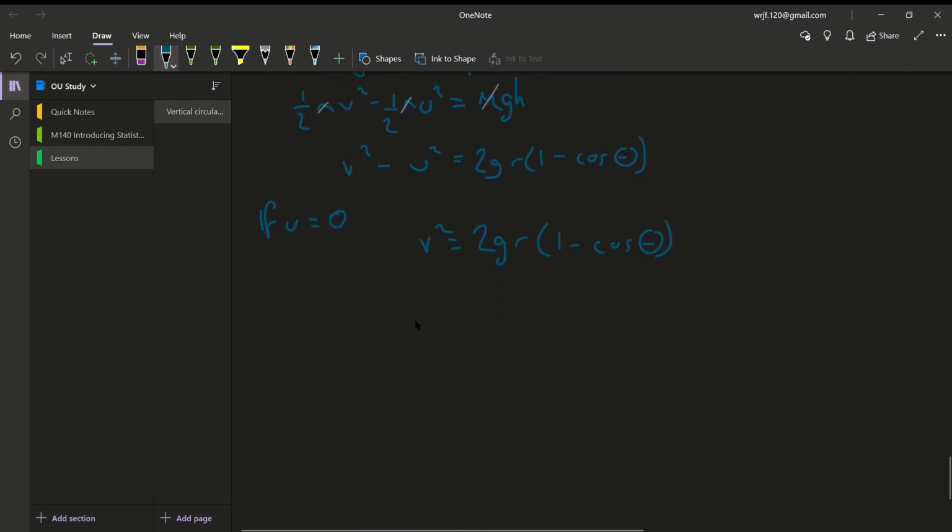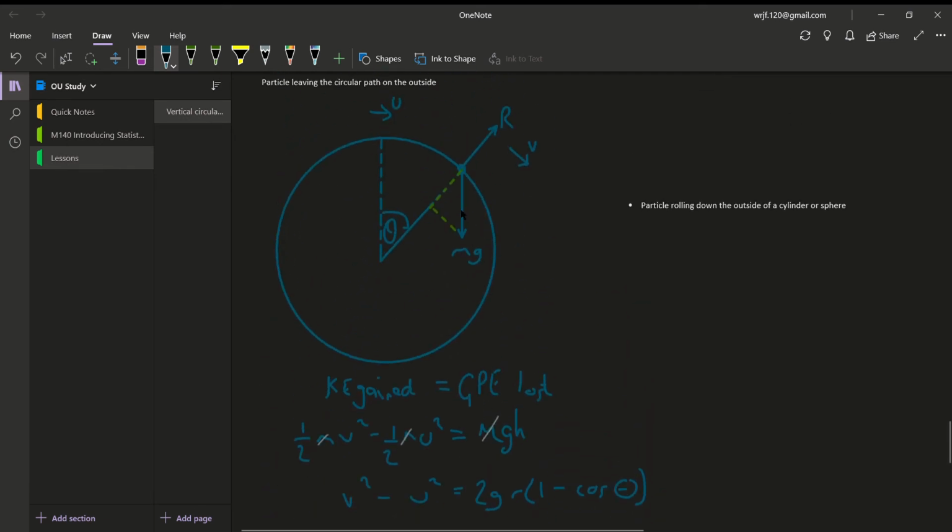So if we just look at F equals ma radially, as we did in the previous video, then our radial forces here. So we've got the reaction force along the line of the radius, so that doesn't need to be resolved, but it is away from the centre, so that's going to be a minus R in this equation.